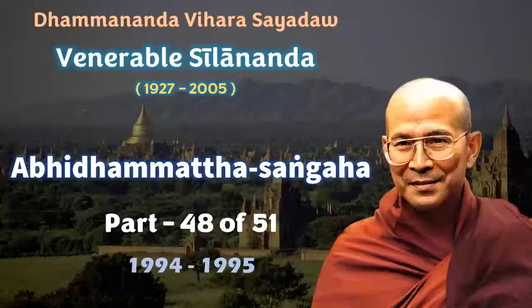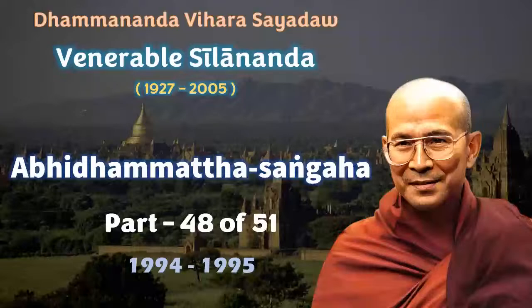Coordination material phenomena is of two kinds. Throughout the course of existence, that is during life, pavatti, they should be understood as those born of consciousness, born of citta. So, during life, coordination material phenomena means rupa born of citta.